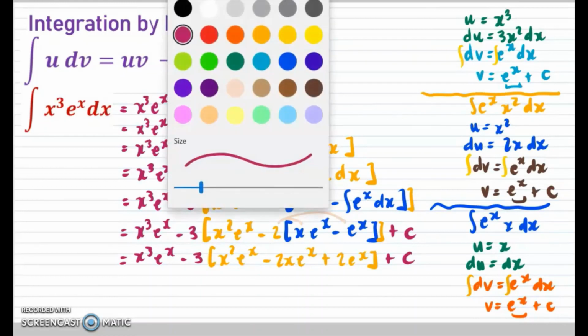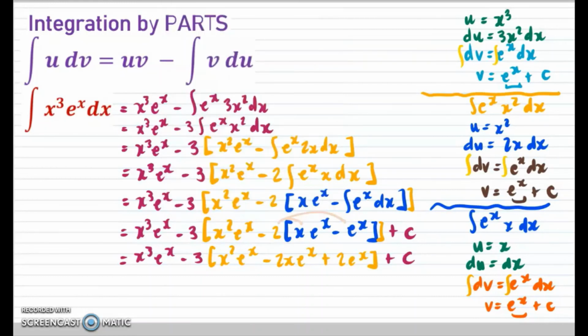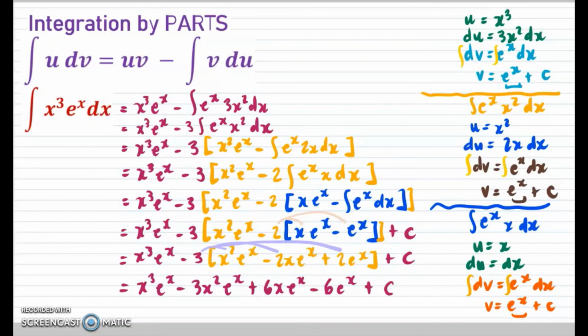Next that we do is to distribute now the negative 3 to all of these 3 terms here. So we have x cubed e raised to x minus 3x squared e raised to x plus 6x e raised to x minus 6 e raised to x plus c, and we're done.